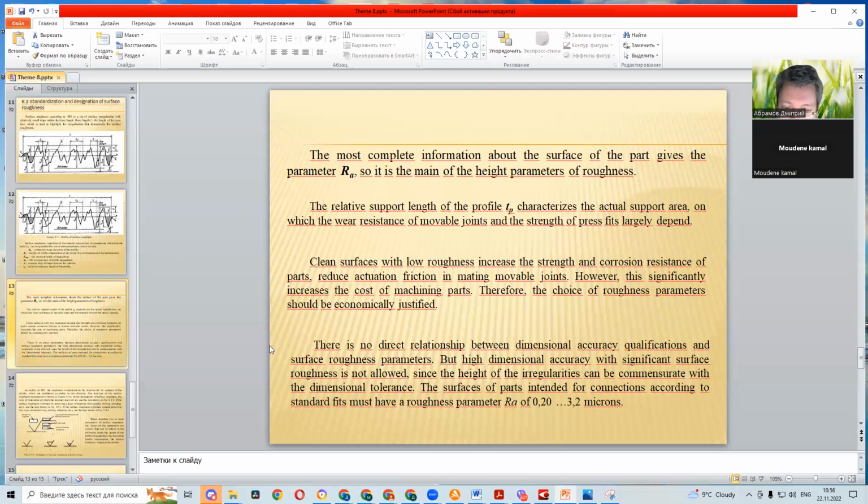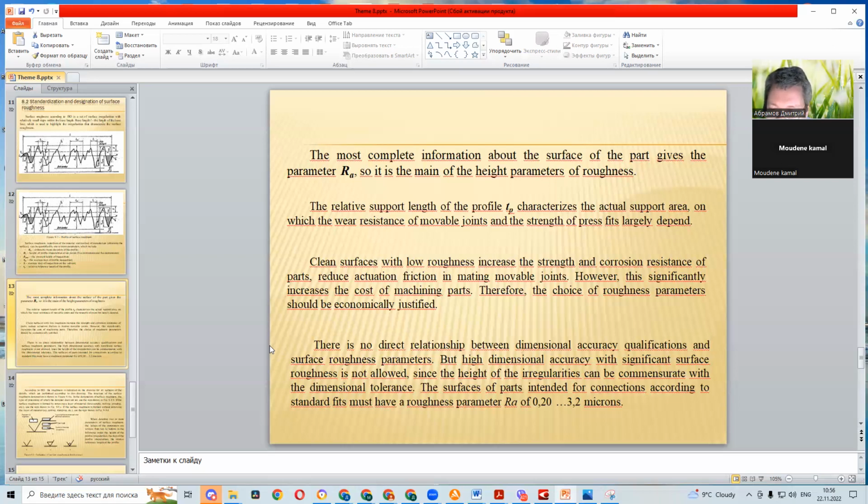There is no direct relationship between dimensional accuracy qualifications and surface roughness parameters. But high dimensional accuracy with significant surface roughness is not allowed, since the height of the irregularities can be commensurate with the dimensional tolerance.